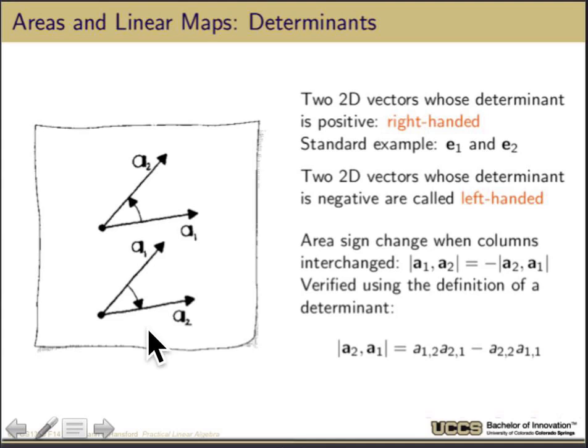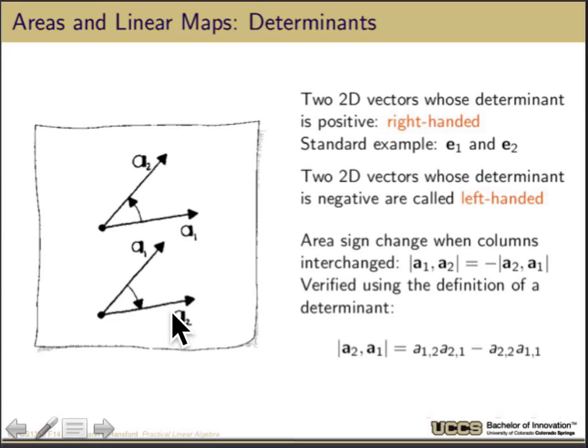And we call 2D vectors whose determinants are negative left-handed, because if I put my fingers pointing towards a1 and I want to close my fingers and make it go to a2, and my thumb is pointing up, I have to be using my left hand. Okay, so that's why it's called left-handed.